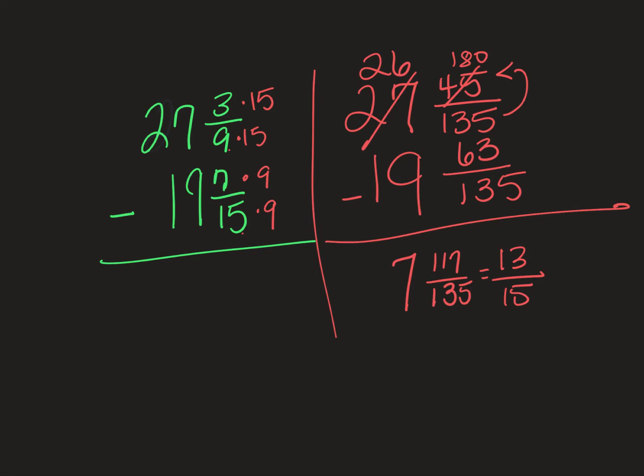Okay? And to get this answer, you divided both of them by 9, and that gave you the 13 over 15. So your final answer is 7 and 13 over 15. There's probably an easier way to do that, but I wanted you to see how, if you don't know what's common, that you can multiply those two denominators together, okay?